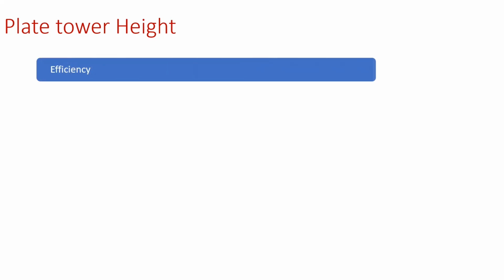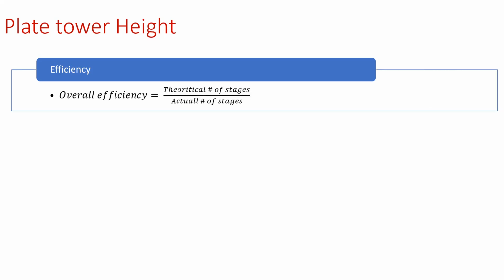Now we calculated the efficiencies. We need to see how we can use those values in order to calculate the plate tower height. So efficiency, we know that the physical definition of the efficiency is basically equal to theoretical number of stages over actual number of stages. Remember, theoretical number of stages are the same as ideal number of stages.